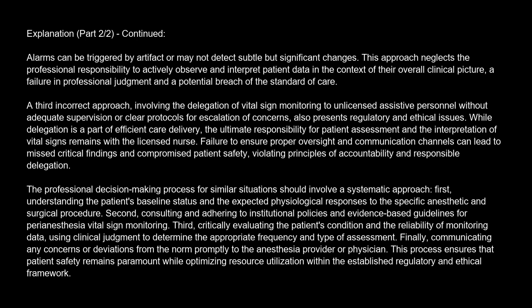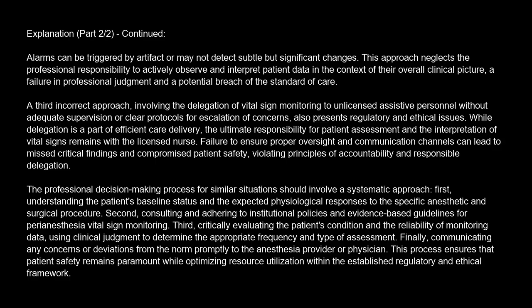The professional decision-making process for similar situations should involve a systematic approach. First, understanding the patient's baseline status and the expected physiological responses to the specific anesthetic and surgical procedure. Second, consulting and adhering to institutional policies and evidence-based guidelines for perianesthesia vital sign monitoring.